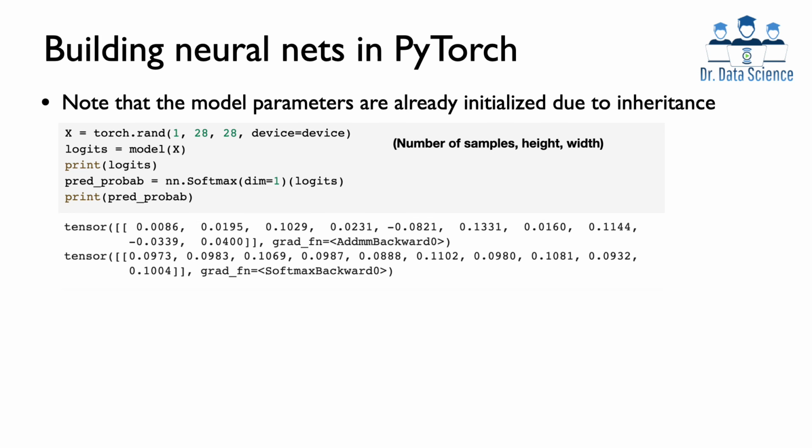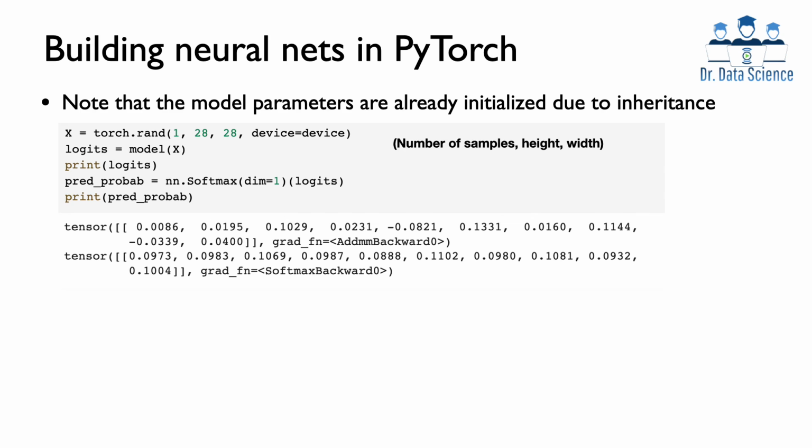So in this case, we have one image of size 28 by 28. That's why we set the first one to be 1. And then we pass this to this neural network model that we have, which if you remember, we call model. So now we can print these logits, which is the output of the model.